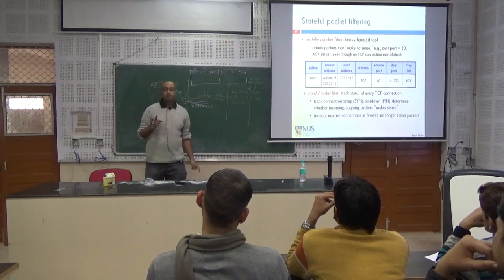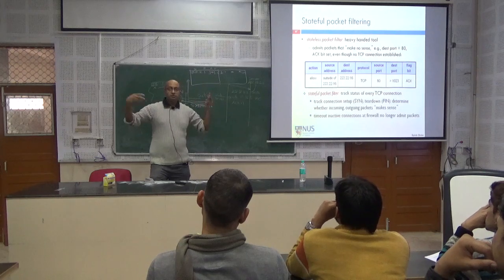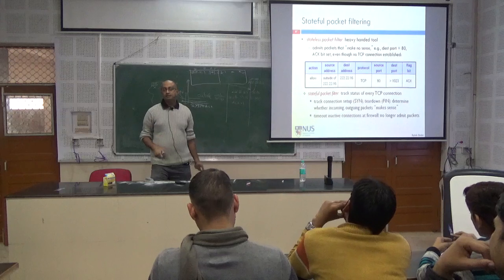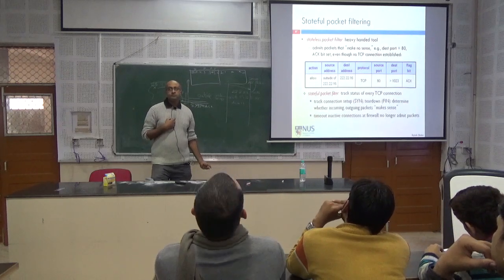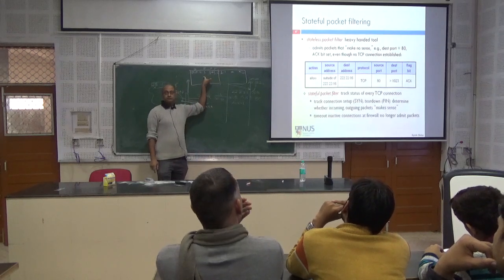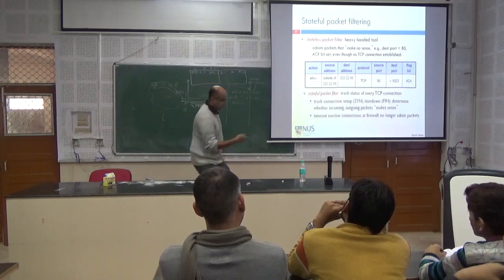So this is stateful. I'm keeping track of what is the state of my network, which is sort of saying, I'm keeping track of what connections I'm making, or my people are making. So I don't just look at the packet itself, I look at the history. Was a connection happening? If it is made, that is what this table says.